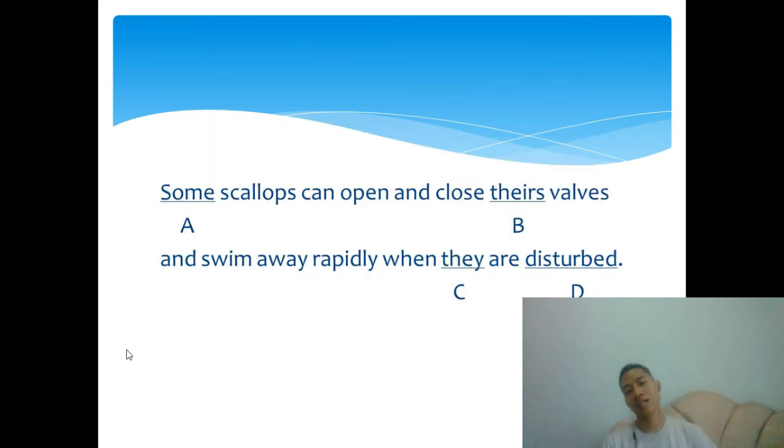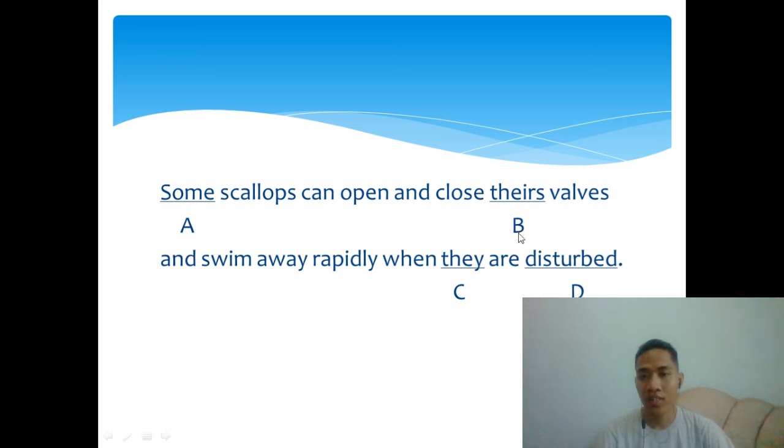Let's look at the sentence. You need to be able to identify the problem between options A, B, C, and D. Some scallops can open and close their valves and swim away rapidly when they are disturbed. What's the answer? The answer is B. Why?